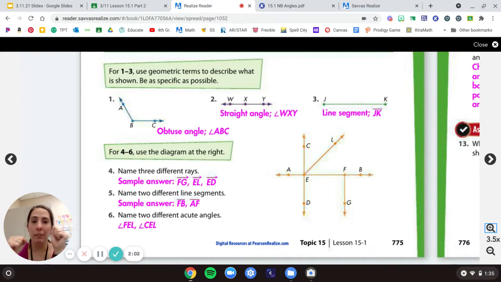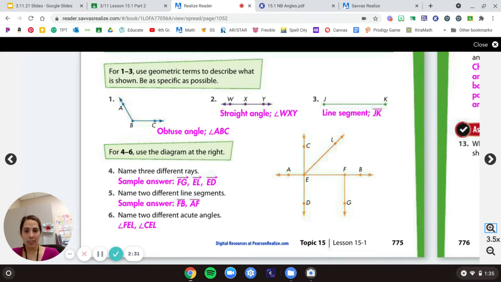Rays have to have an arrow, so we can't name it backwards and forwards. It has to be in the right order. But if it's a line where it has arrows on either side, or a line segment where it has points on either side, then we can name them backwards and forwards. Rays are the only ones that we have to pay attention to that order specifically.